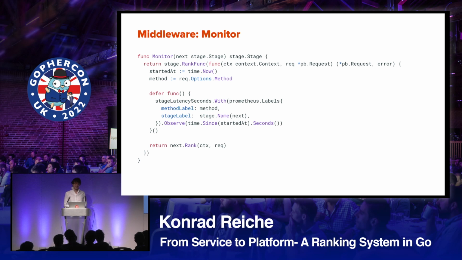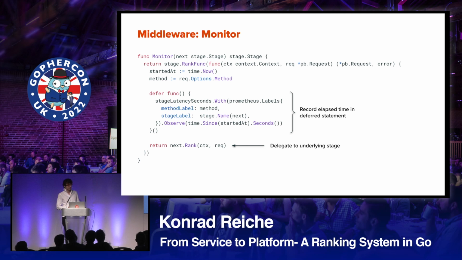Okay, this is a monitor middleware to record the latency. Recording the latency of an endpoint of a service is pretty standard. You should do it. But here we record the latency of each individual stage. What does that mean?